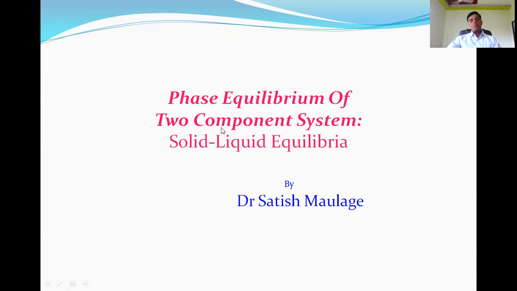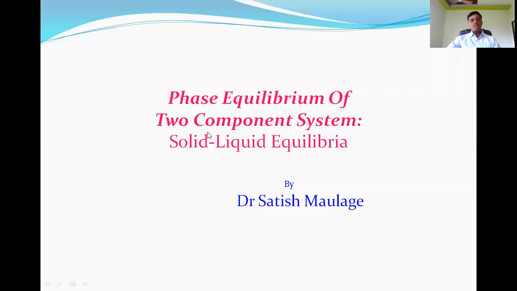Now this two component system is also called solid liquid equilibria. Such kind of phase equilibrium of two component system is also known as solid liquid equilibria, because vapor phase in such system does not exist. One of the phases, that is vapor phase, is not observed in two component systems.